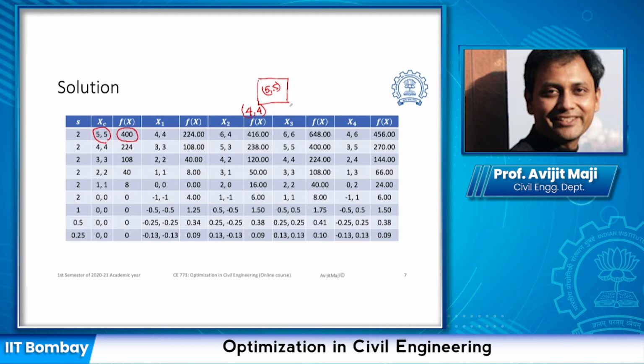This is going to be 6, 4. Then this is going to be 6, 6, and this is going to be 4, 6.